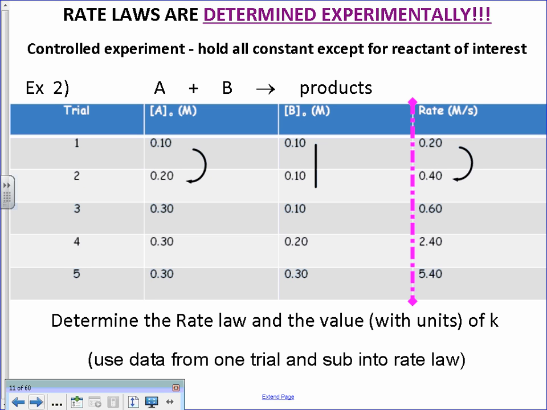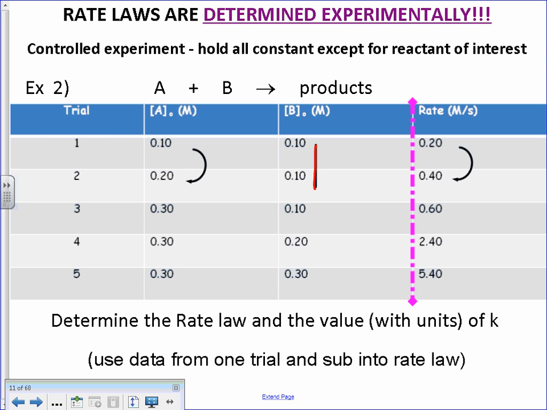Whenever you're trying to find the rate of a reaction, they will give you experimental data. Experimental data looks like this, and you'll see the concentration of 2 reactants and then the rate of that reaction with these given conditions. So to have a controlled experiment, you always keep one variable constant and you change one variable so you can see the impact of it. Between experimental trials 1 and 2, you'll see that B stayed constant.